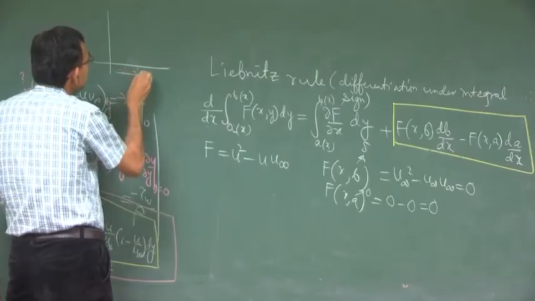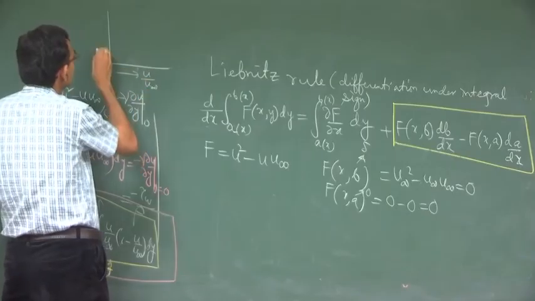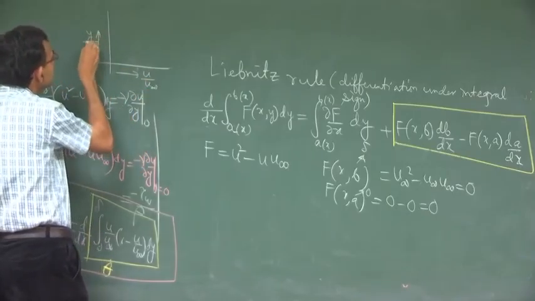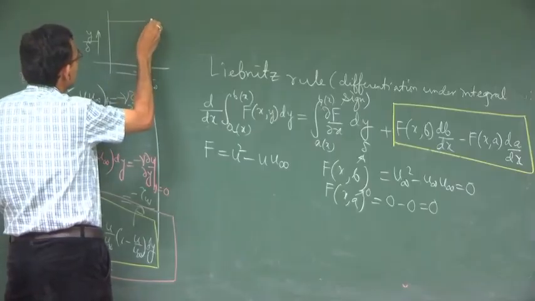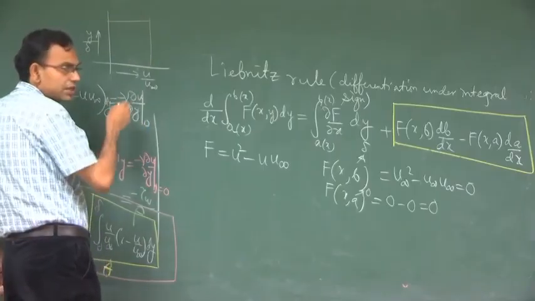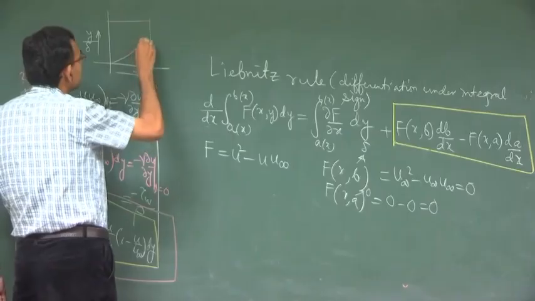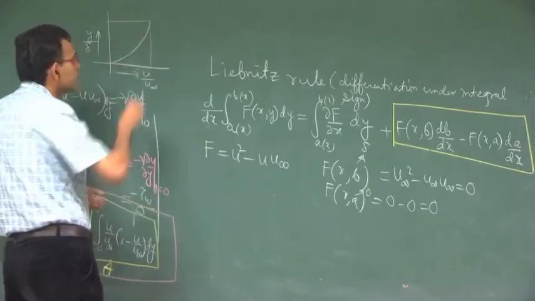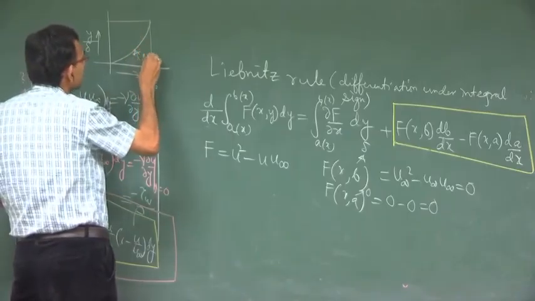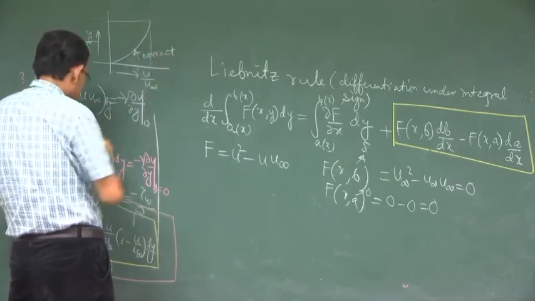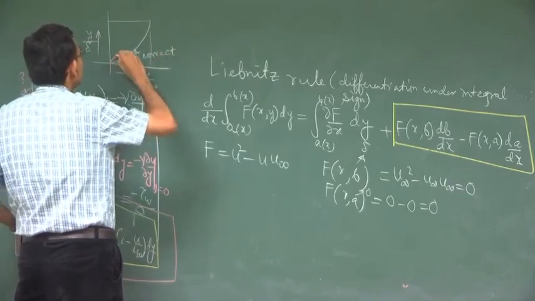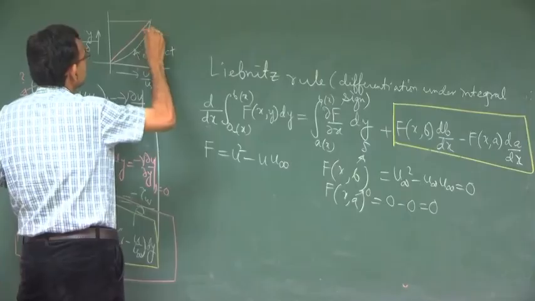So, this is u by u infinity, this is y by delta. So, you make an approximation of, so this is the correct solution, and let us say that this is the approximate solution.